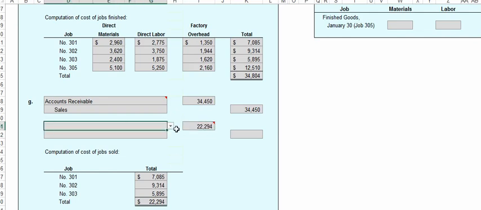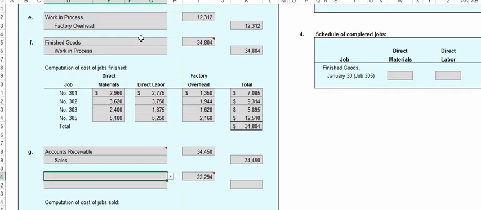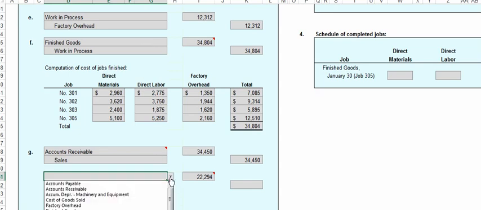It's a debit to. We're transferring, these goods have now been sold. So their cost is no longer an asset, finished goods. Right? They're no longer a part of finished goods because they've now been sold. So their cost now becomes a part of an expense account, cost of goods sold.